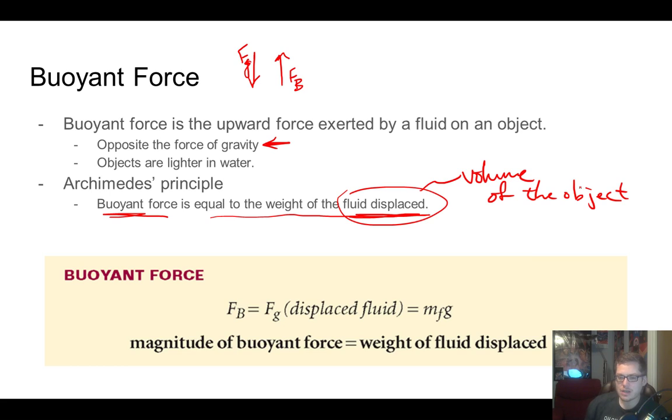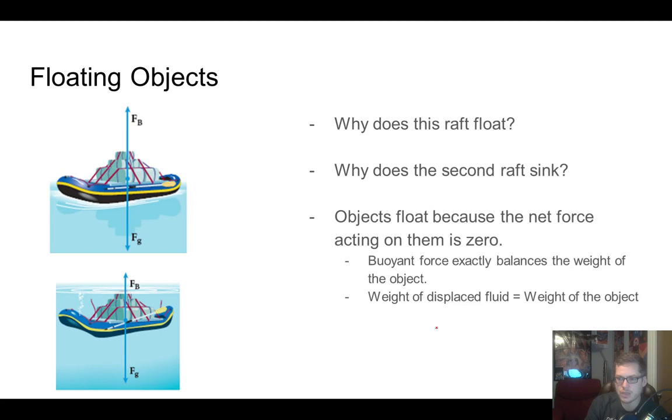Okay, so here's the definition of the buoyant force. The buoyant force is equal to the force of gravity of the displaced fluid, and the force of gravity of the displaced fluid is simply the mass of the fluid being displaced times gravity, 9.81, acceleration due to gravity. So buoyant force is equal to the weight of the fluid displaced. Okay, so we've got a raft here, and it's floating because the force due to gravity is completely counteracted by the buoyant force.